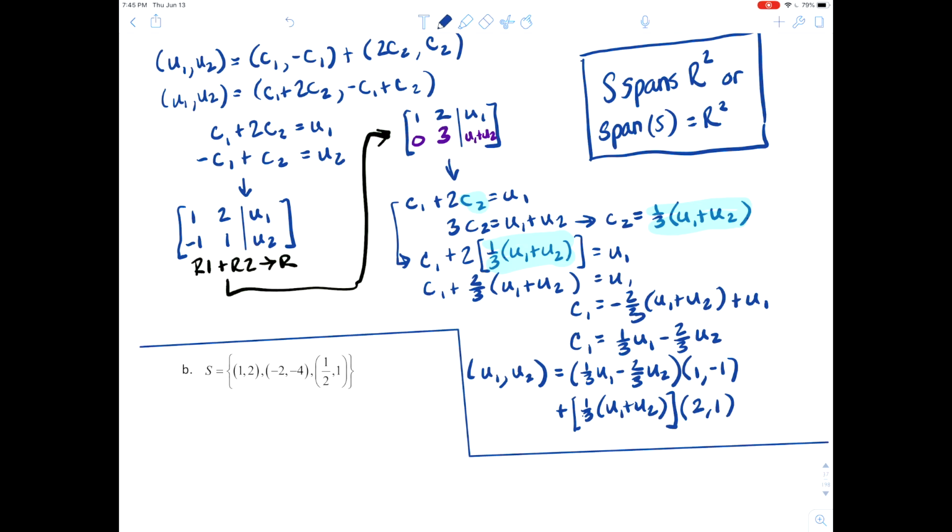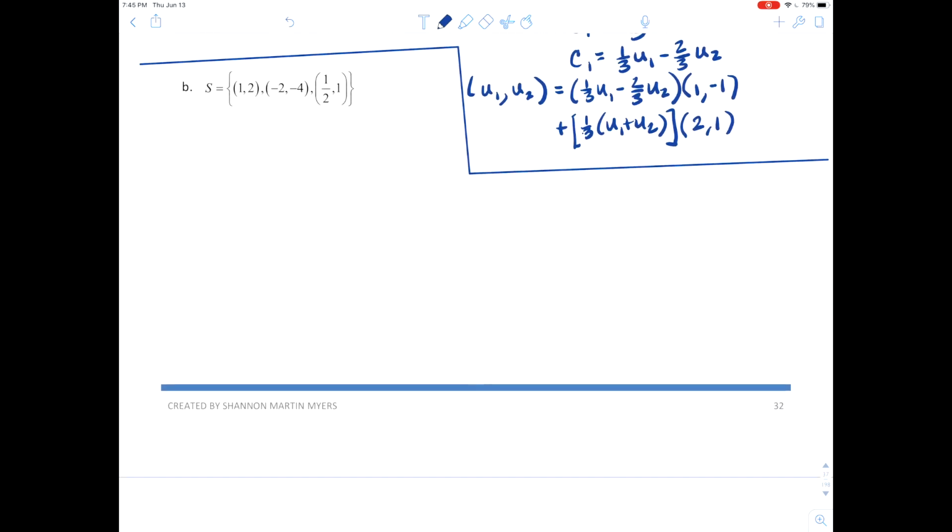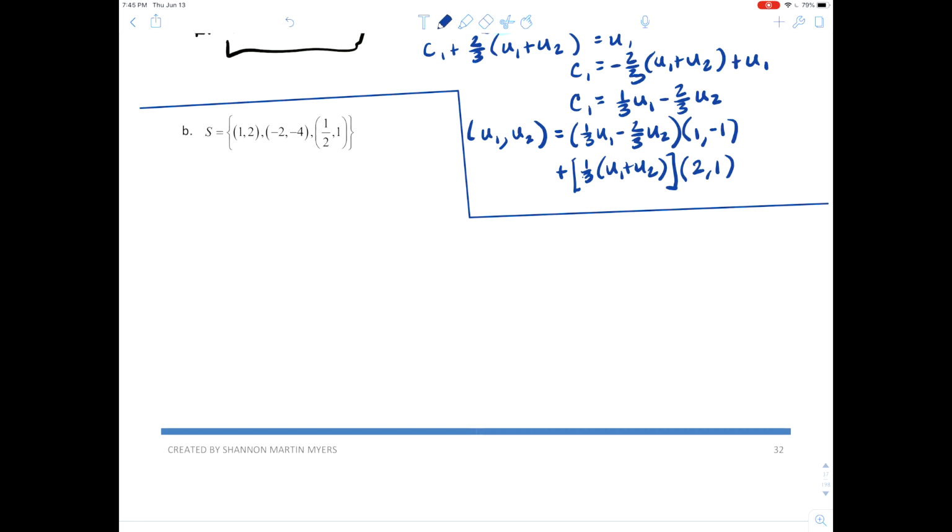Groovy? So now let's go ahead and look at problem B. So here you've got 3 vectors. Again, why don't we let the vector U equal U1, U2, where U1 and U2 belong to the real numbers.